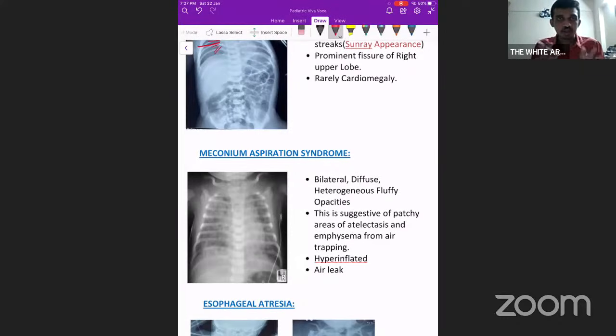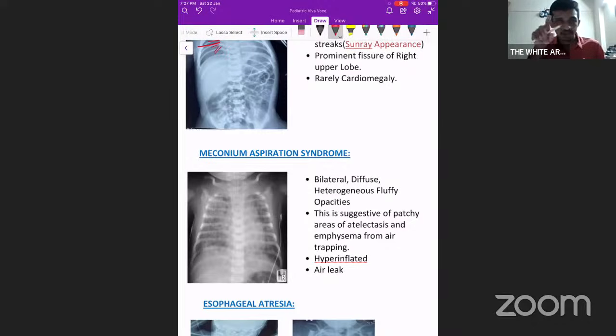With this meconium which goes and settles down in the lung, one, it can cause chemical pneumonitis. Two, it will damage whatever surfactant is left. And three, it will obstruct the airways. Because of these three pathologies, the first one was what?